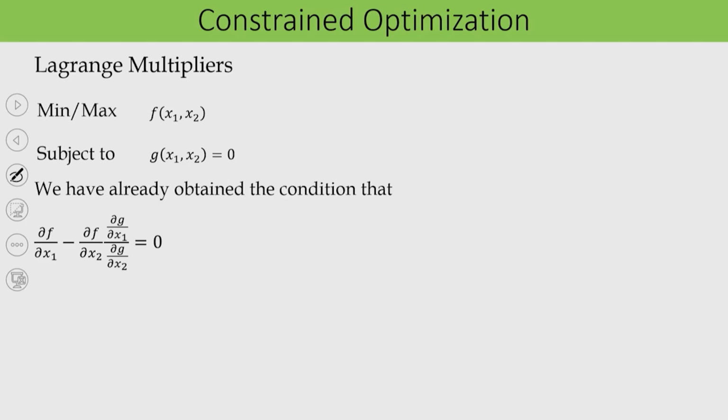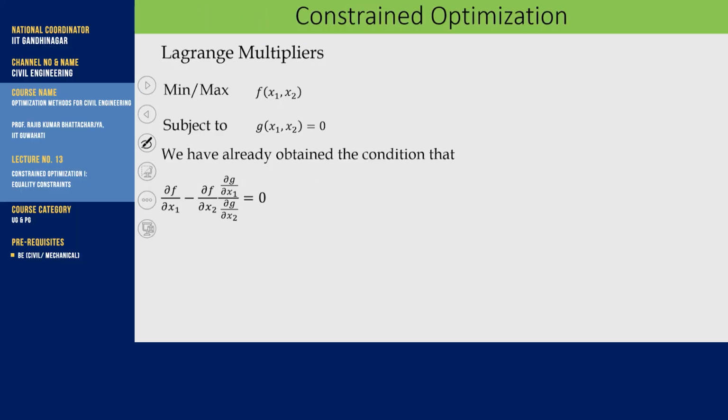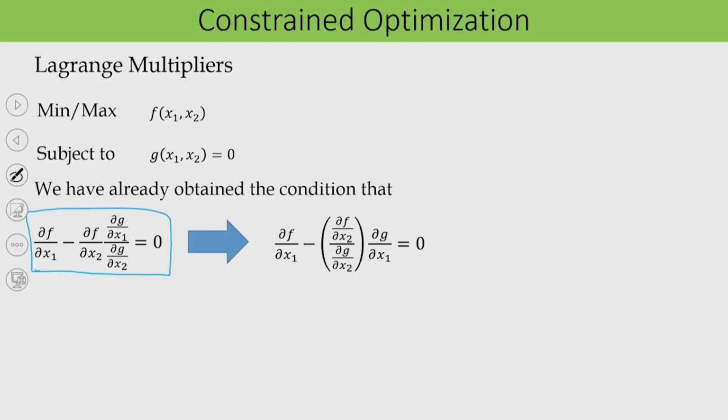This is the necessary condition for optimality. Now, if I rearrange these terms, I can write del f by del x1 minus del f by del x2 divided by del g by del x2 into del g by del x1 equal to 0.